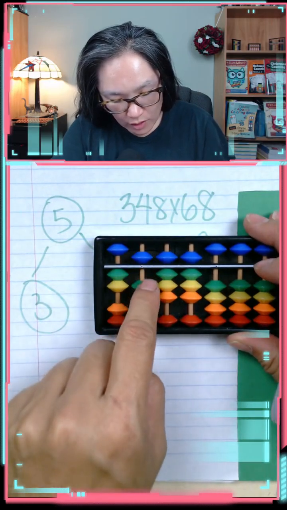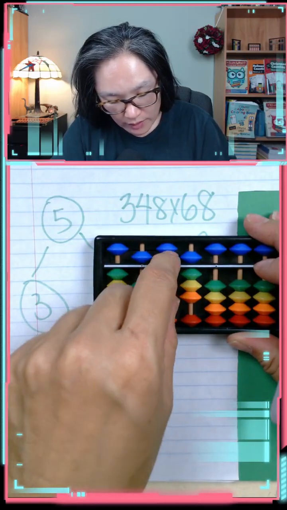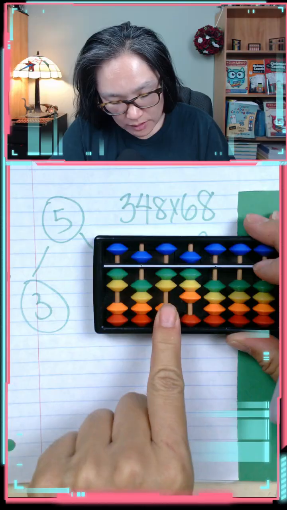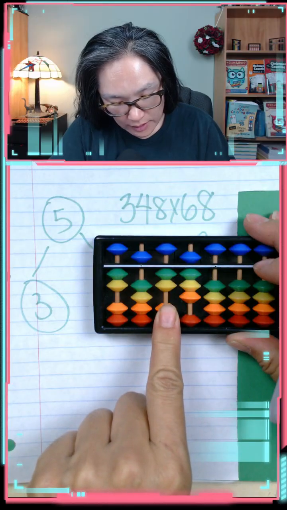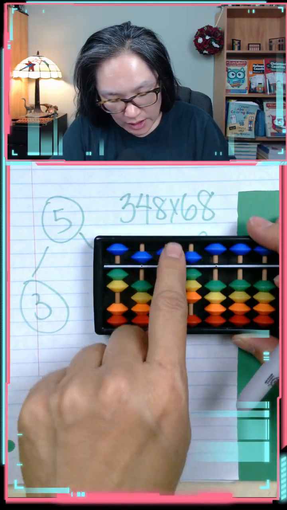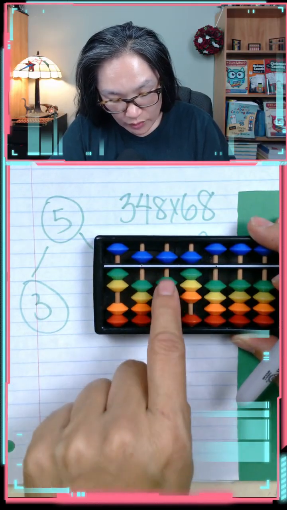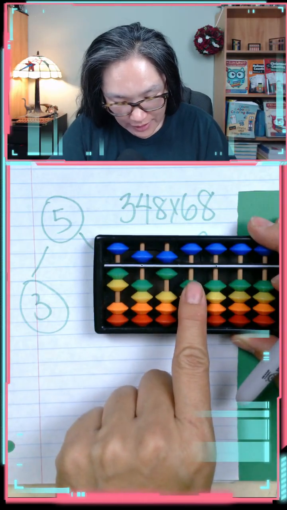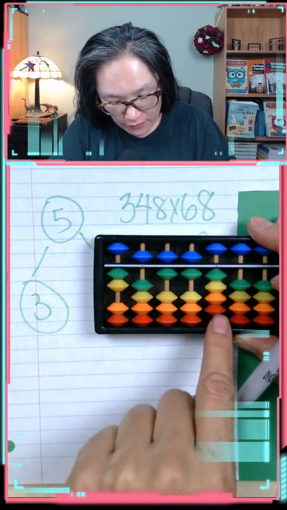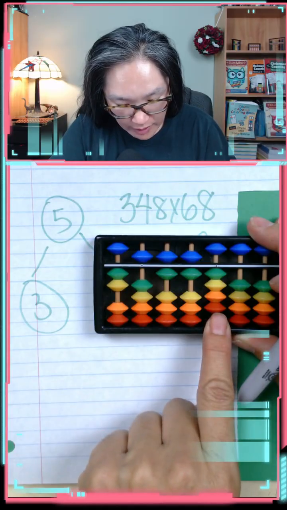Add the 4. Take away 6. And then 8 times 4 is 32. I don't know if I'm doing it right. 8 times 8 is 64. It's a little bit more complicated.